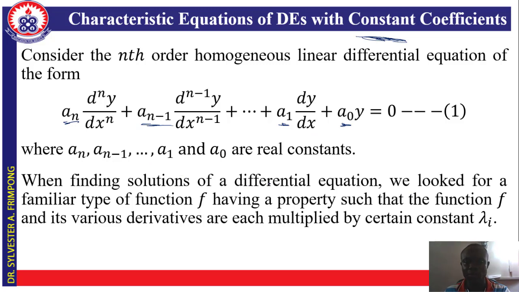In order to be able to find the solution to this and come up with the characteristic equation, we need a familiar type of function f, which has a property such that the various derivatives are each the function multiplied by a certain constant lambda_i.